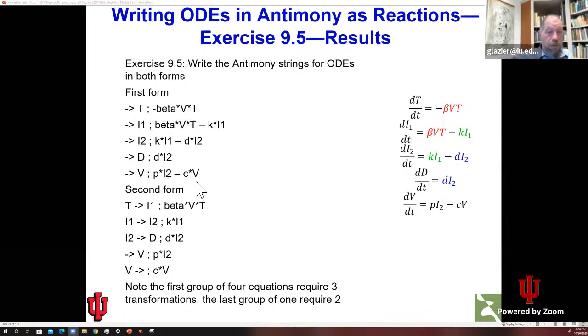That is perfectly legitimate, but essentially I've just written the ODEs with "nothing goes to" instead of "variable prime equals." The more transformational approach would be to actually note the balance terms. T goes to I1 at rate beta VT. So in that case, this one term here corresponds to this and this.